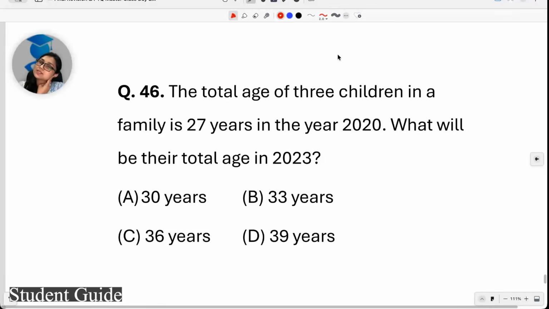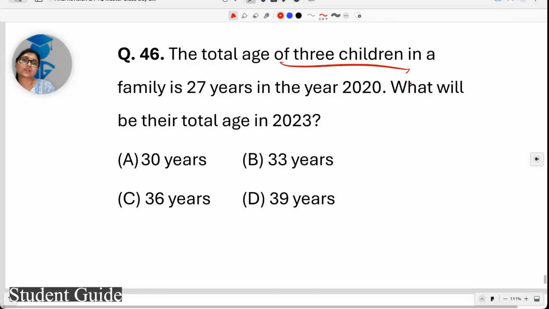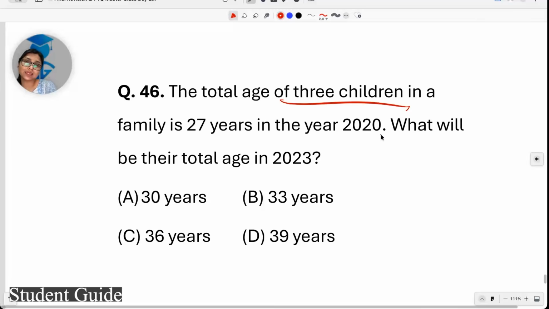Question number 6 for today's session, it is about the total age of 3 children. This is from average and this is a very easy question. The question says the total age of 3 children in a family is 27 years in the year 2020.